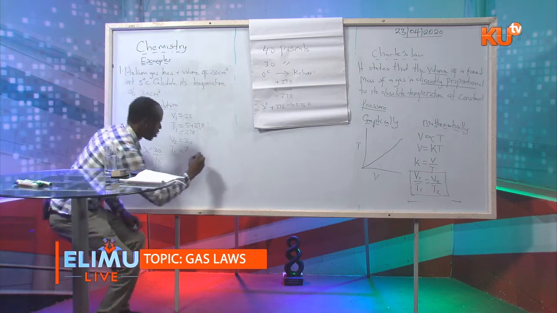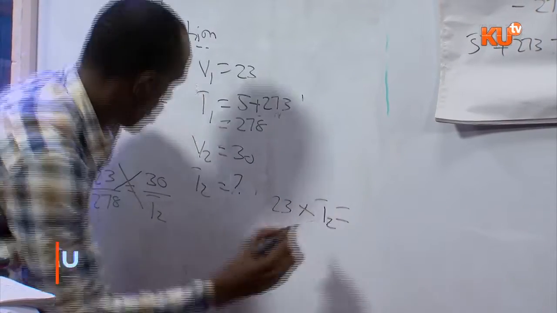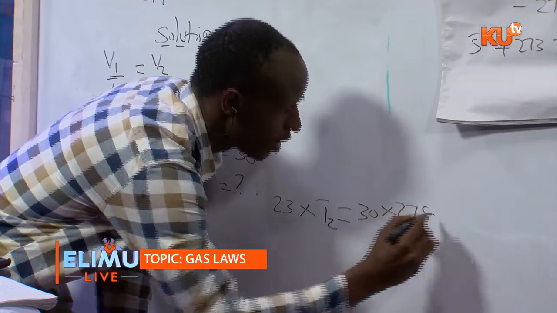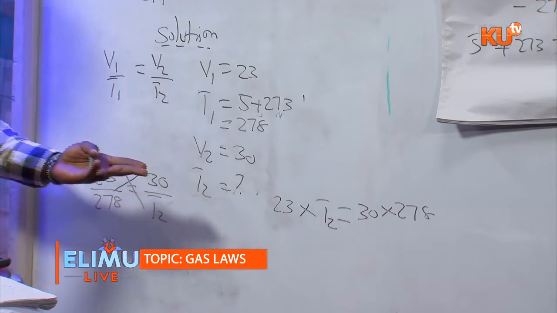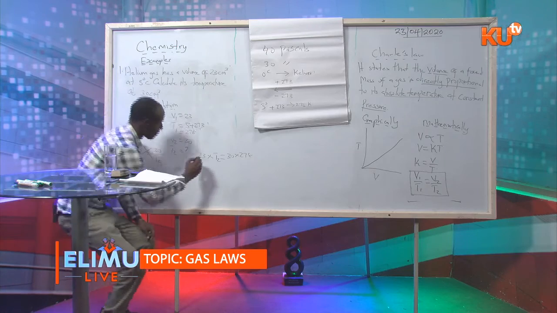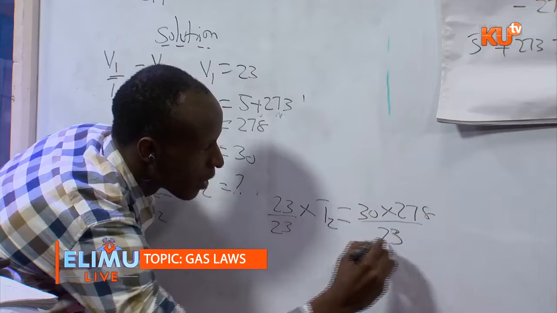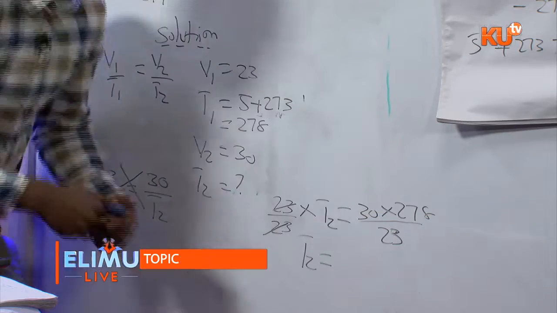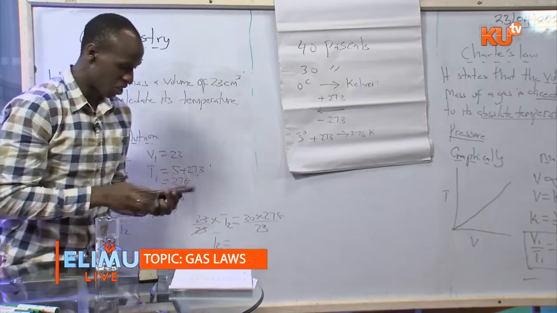Then, since I want T2, divide both sides by 23. So T2 equals 30 times 278 divided by 23.